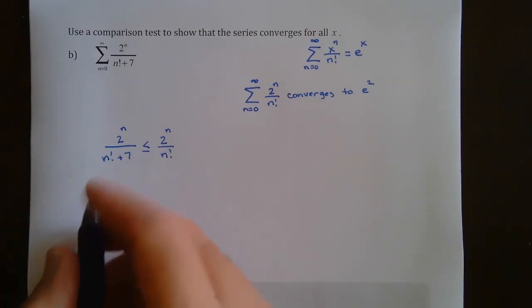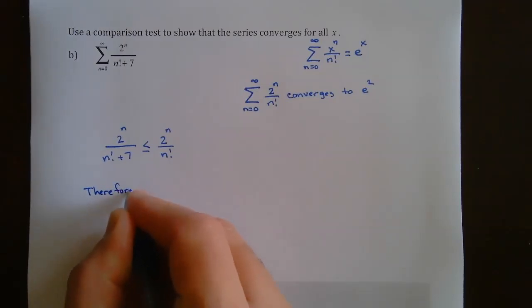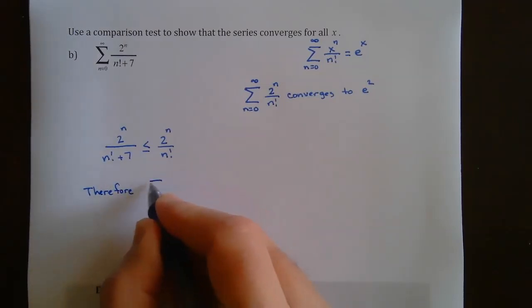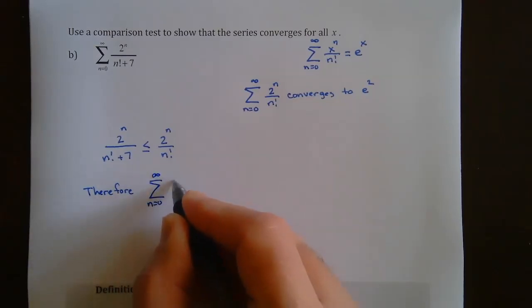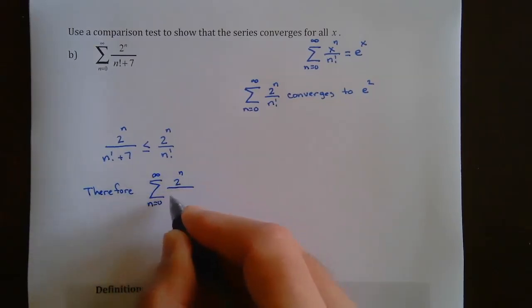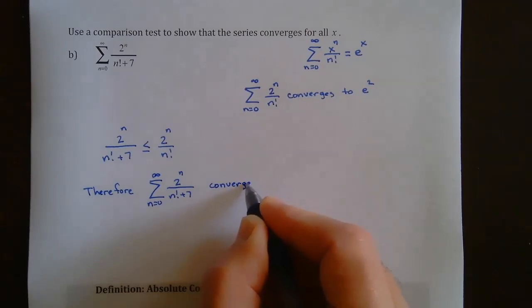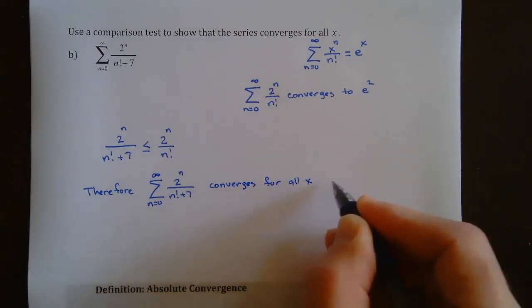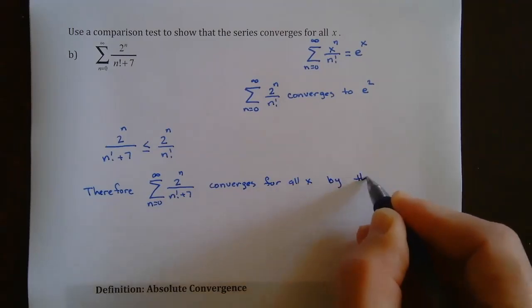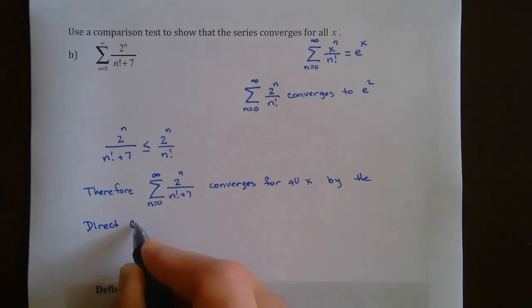All right, so therefore, the sum from n equals 0 to infinity of 2 to the n over n factorial plus 7 converges for all x by the direct comparison test.